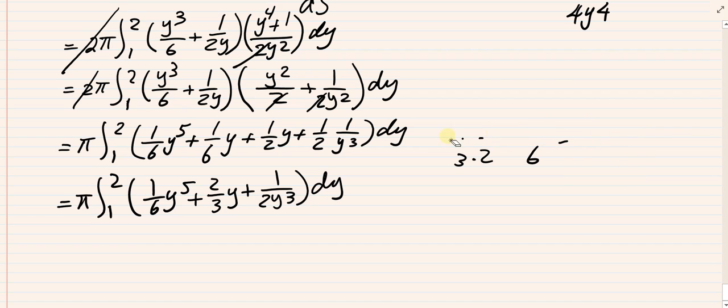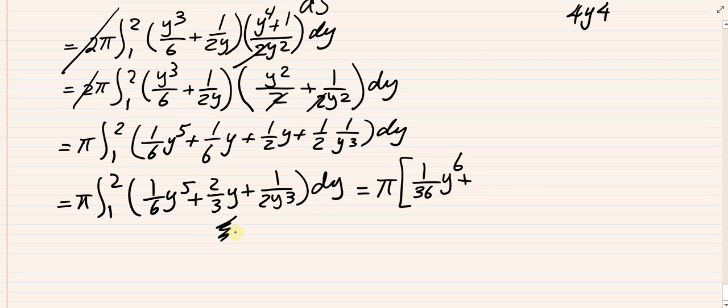And of course, each of those we can integrate piece by piece. The first integral, y to the 5th, is going to be y to the 6th over 6, so it's 1/36 y to the 6th. The second one is going to be y squared over 2, so that's 1/3 y squared. The 2 in the numerator of 2/3 cancels with the 2 from the resulting integral.